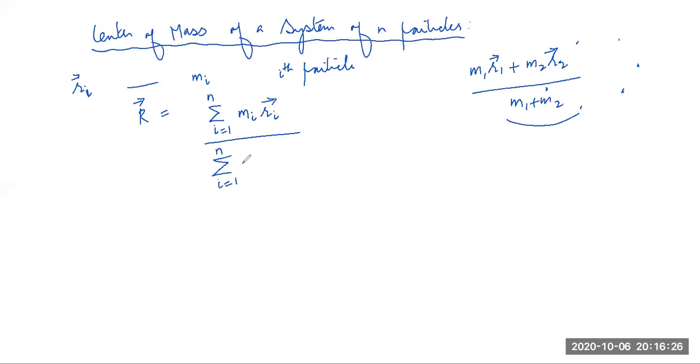So you're right. So this is the total mass, and this is the summation of all these terms, right? If there are n terms, I will reach till n. If there are 10 terms, it will be m1 r1 vector plus m2 r2 vector plus dash dash dash plus m10 r10 vector.